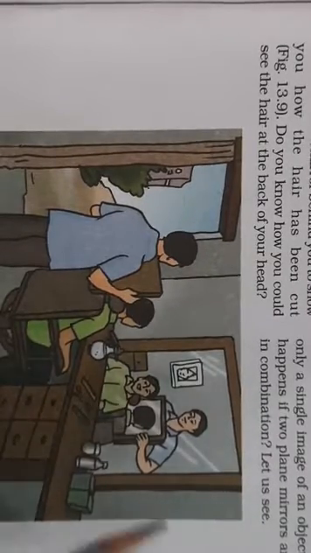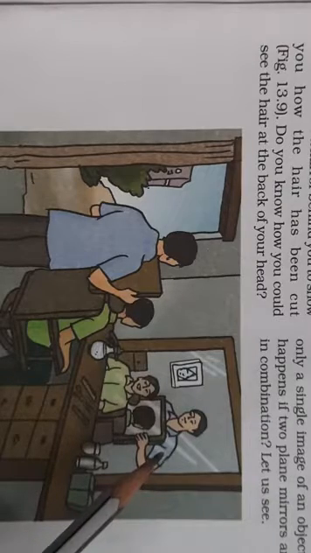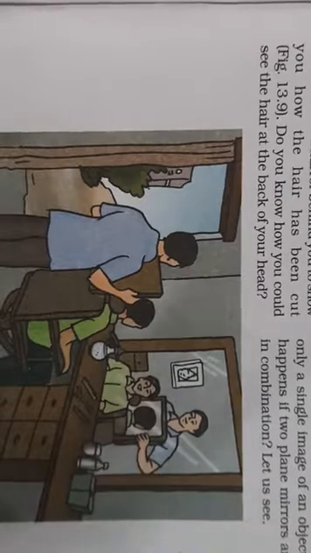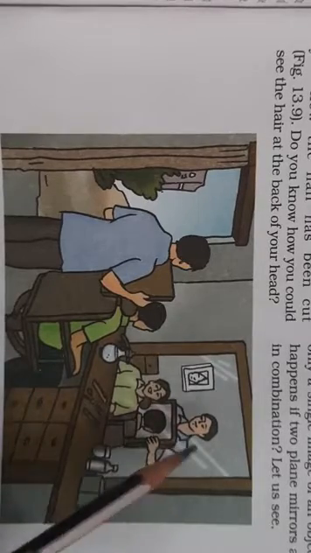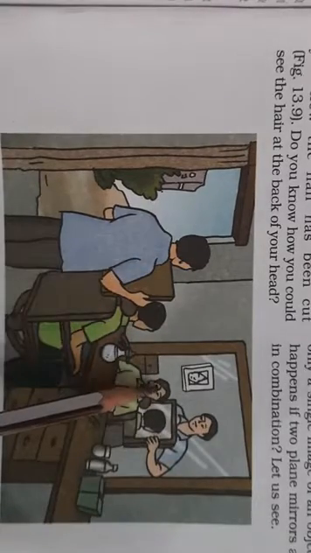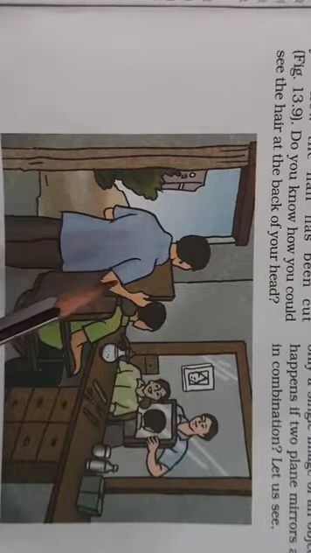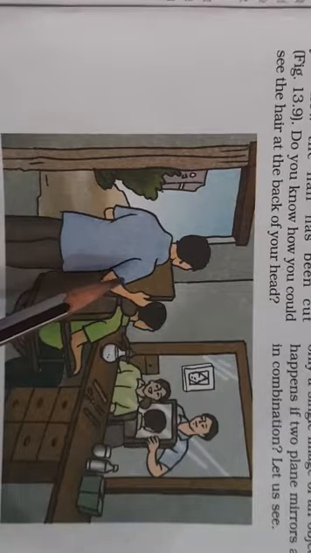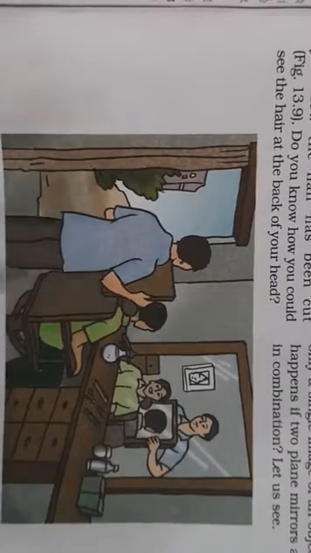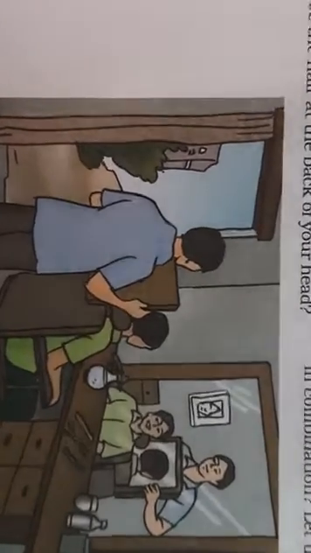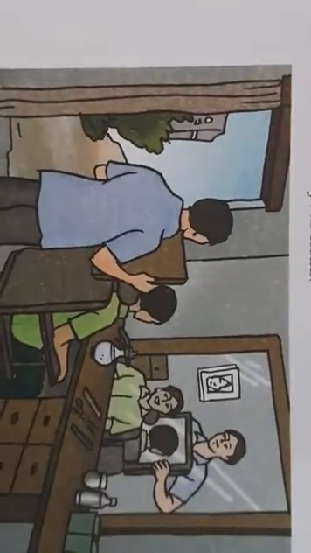Now see children, when you stand in front of a mirror, how many images can you see? You can see only your image. But when you go to a barber shop, what does the barber do? After your haircut, the barber keeps another mirror at the back of your head.